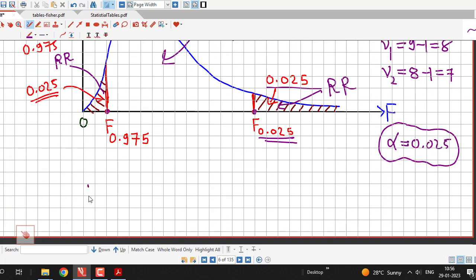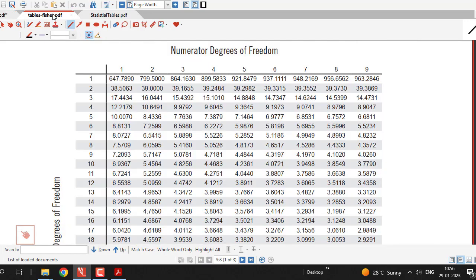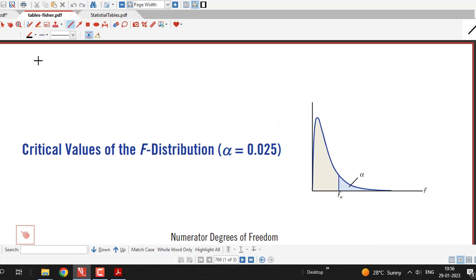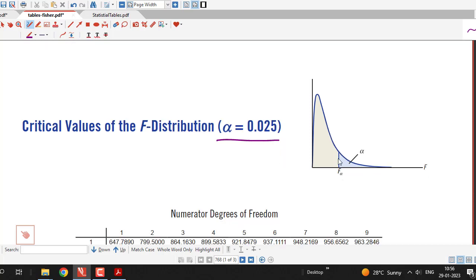That means from the F table I have to decide F 0.025 with nu1 equal to 8 and nu2 equal to 7. So now I am going for this table. These are the critical values of the F distribution for alpha equal to 0.025. That is, the area to the right side of this point is 0.025, and nu1 is 8 and nu2 is 7.